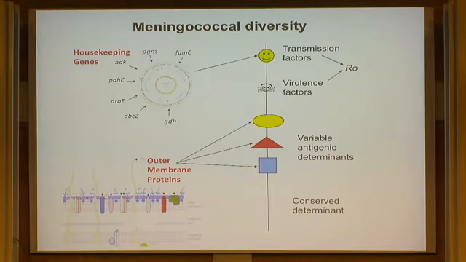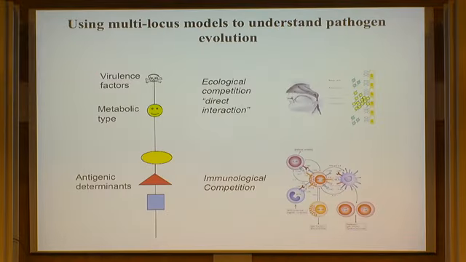So what kind of interactions are occurring here then? Well, obviously we have the immunological interactions occurring at this level, but in setting up models that included the metabolic type and the virulence factors, we also assumed that these two underwent some form of competition, which you might call direct ecological competition.